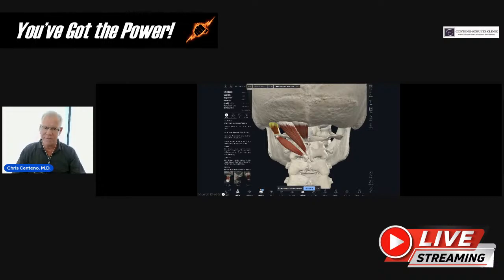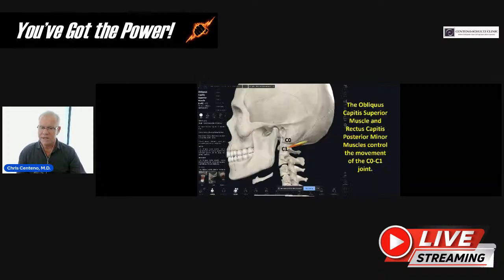So if we look at this from the side, we can see that superior oblique here is going across C0, C1. And the same thing would happen in the rectus capitis posterior minor back here. So these are muscles that specifically control 0-1.